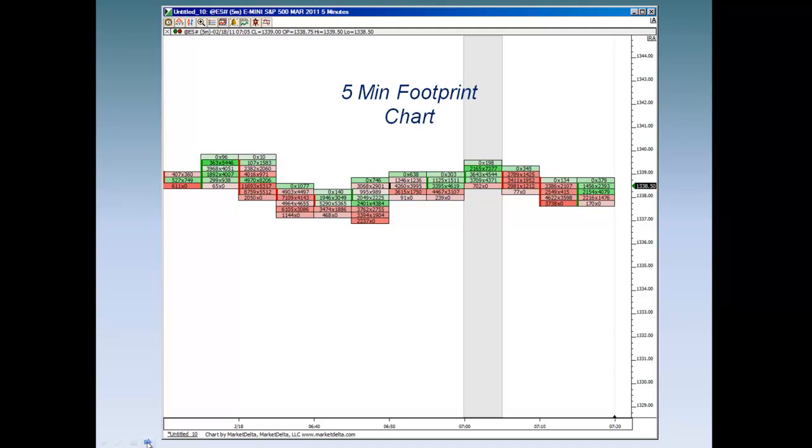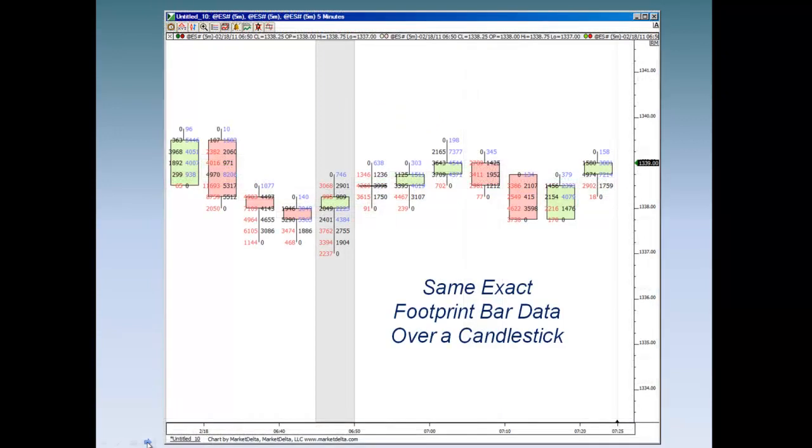The 5-minute chart is still a very powerful chart, and you will see it works rather well with the strategy that we're going to discuss. Now, this is the exact same footprint bar data as you have just seen on the footprint bar chart that preceded this image, except this one does not have the box around the numbers and simply has the candlesticks in the background, with the numbers overlaid over a candlestick.